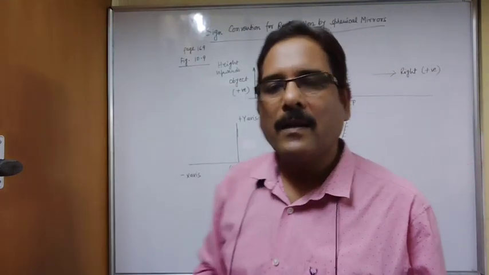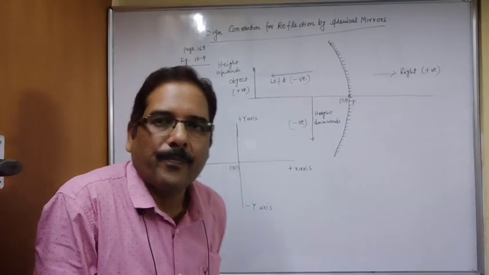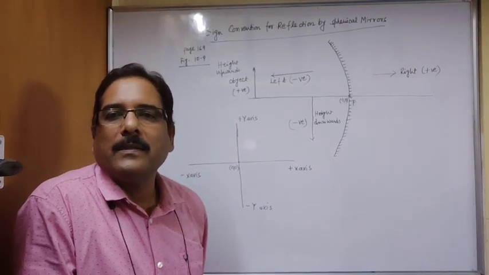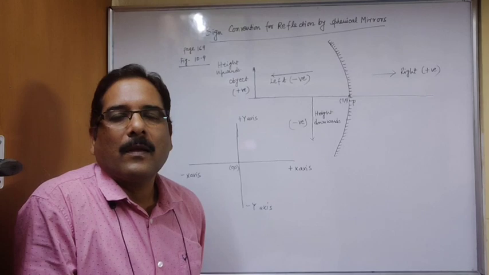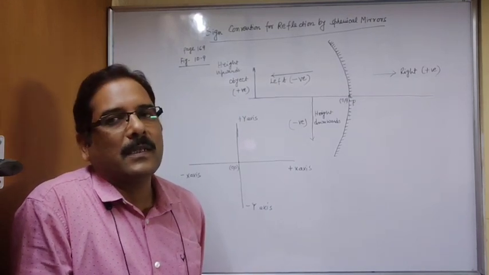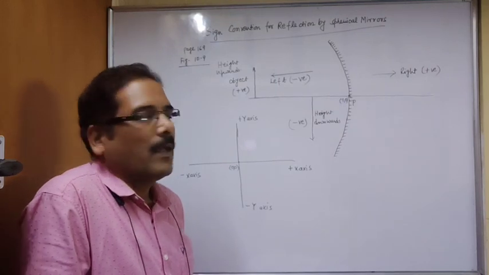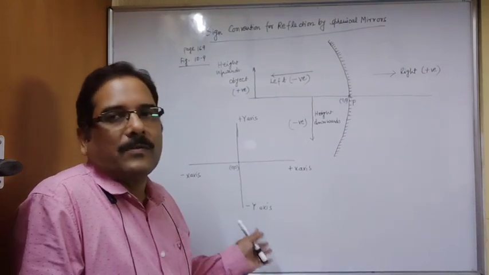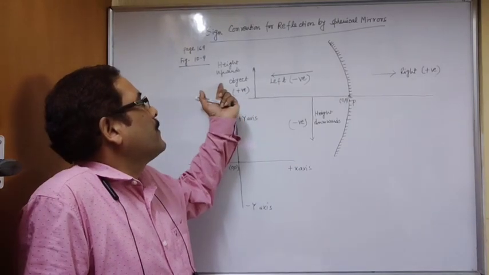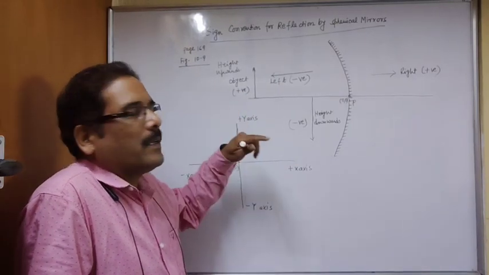That is all you have to remember, the sign convention. I think it is very easy. The distances which are towards the right of the pole are positive, distances which are towards the left of the pole are negative, x-axis, so it will be negative. Above the pole, positive y-axis, so heights above the principal axis are positive.